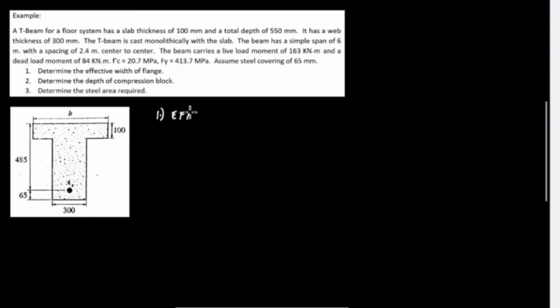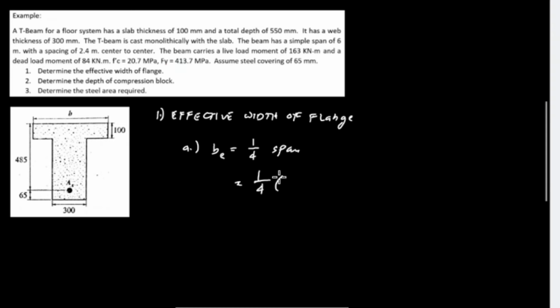First, effective width of flange. So letter A: one-fourth of the span, and that's one-fourth of the span, which is equivalent to 6 meter, or based on millimeter, 6,000 millimeter, and the equivalent is 1,500 millimeter.